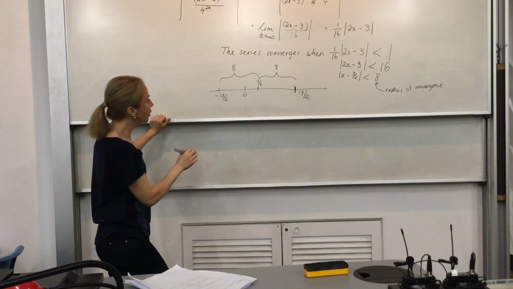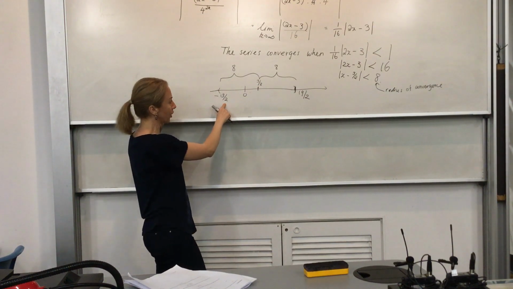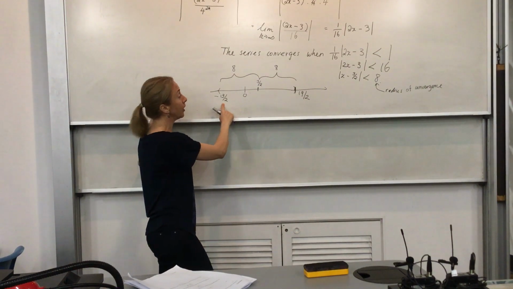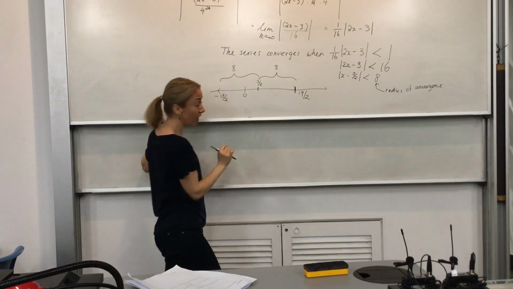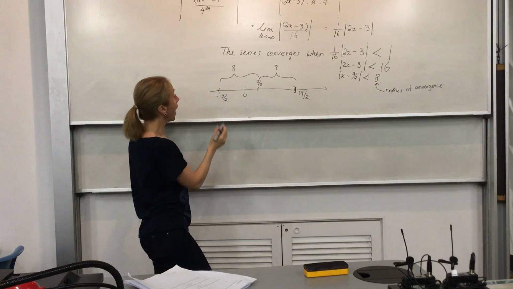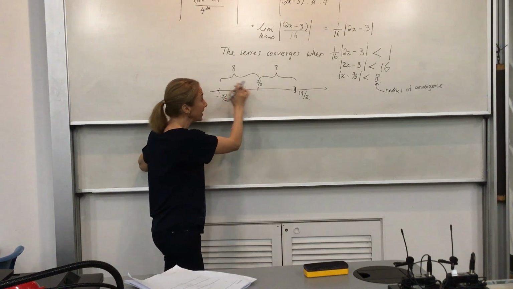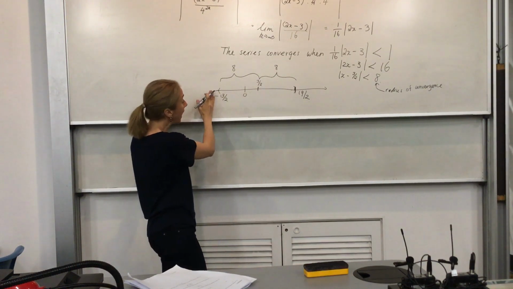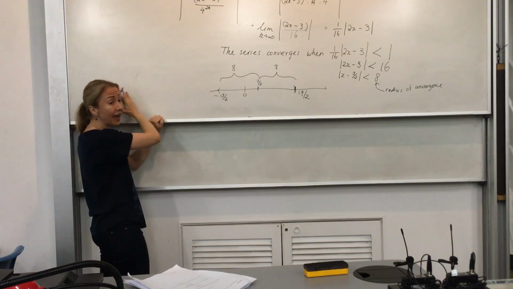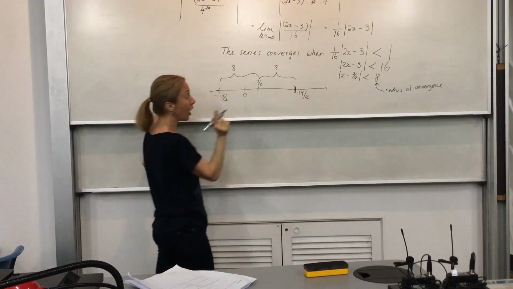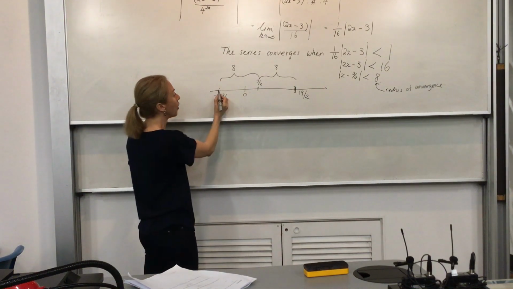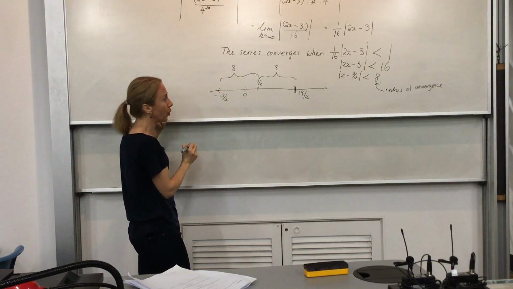So we know our interval extends from minus 13/2 up to 19/2. We know that our series converges everywhere inside this interval, and it diverges everywhere outside that interval. What we don't know at this point is what happens at the endpoints themselves.